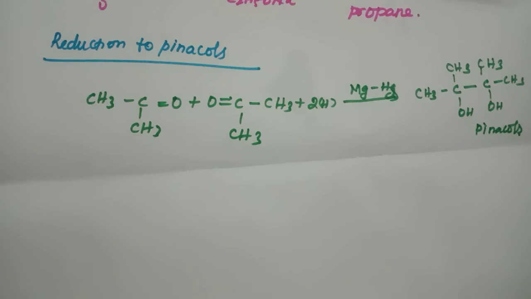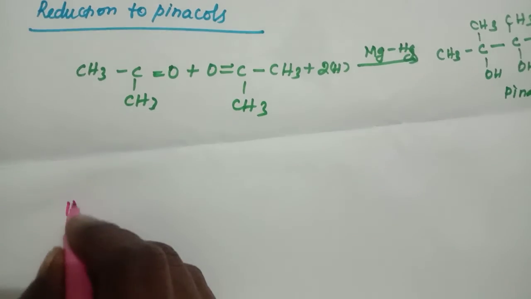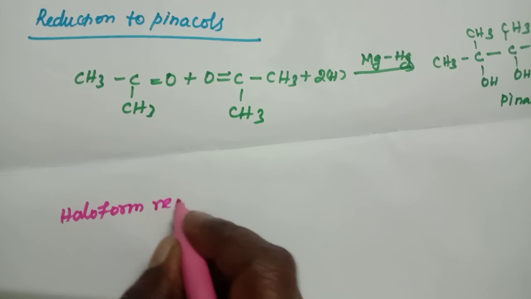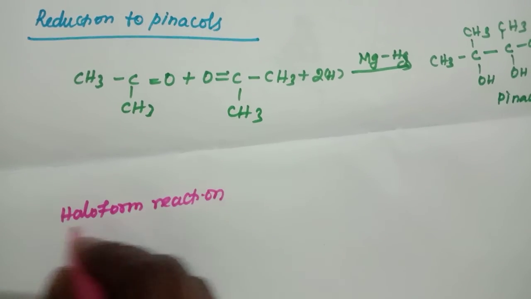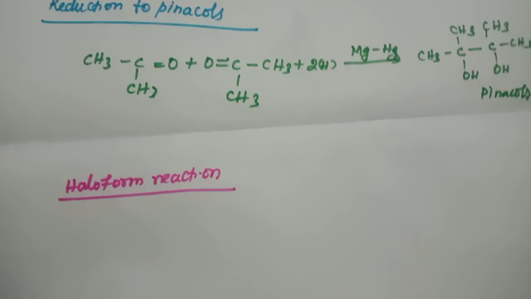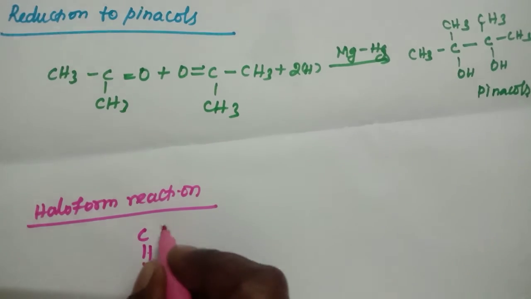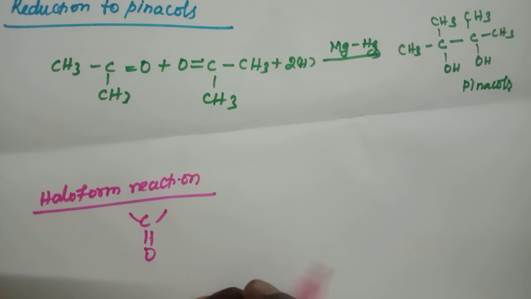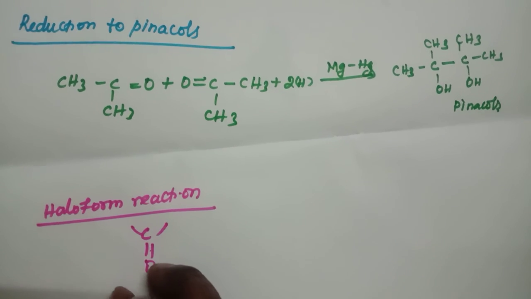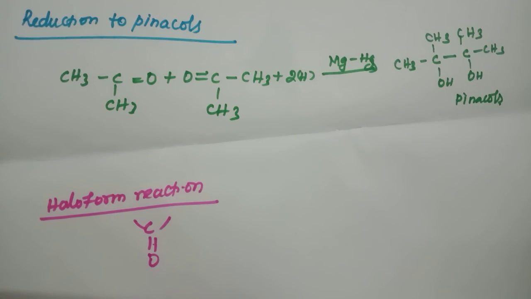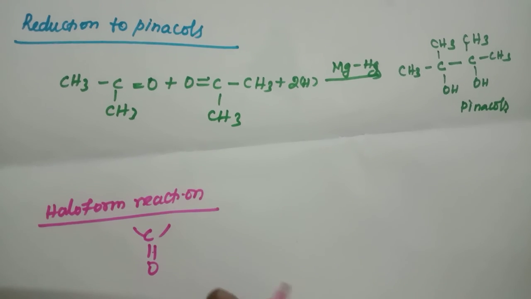Next reaction is the haloform reaction. Here, aldehydes and methyl ketones, which contain this carbonyl group, when treated with halogen and alkali, form the corresponding haloform.